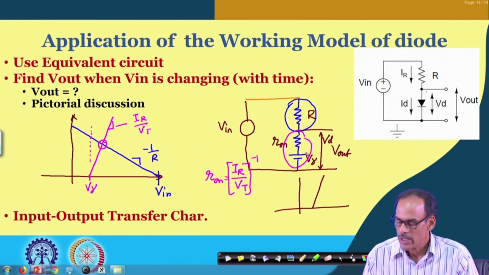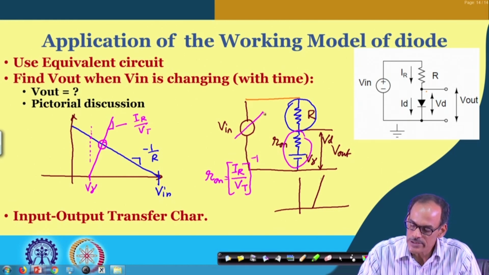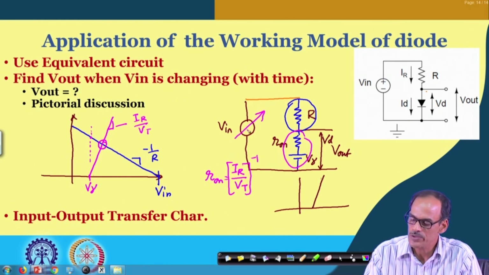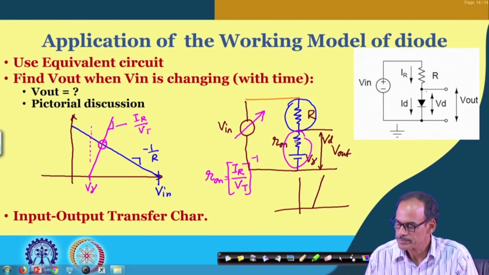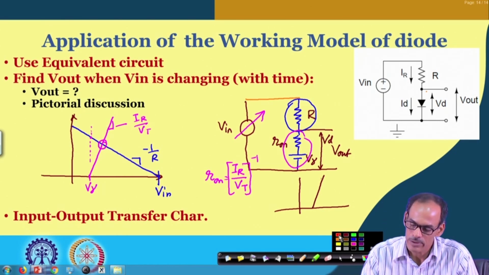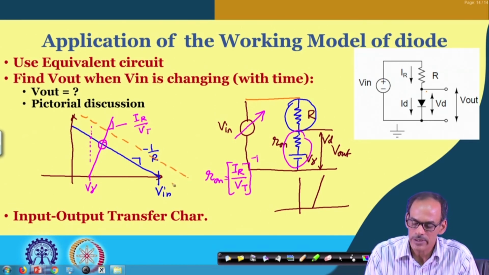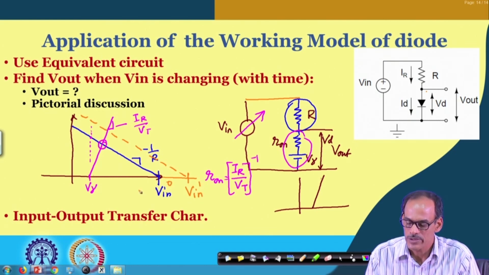Now, next thing is how do I use this simple model in case the input voltage is changing with time, using the same equivalent circuit. If this input voltage is getting increased, we can say the slope remains the same, but the corresponding pull-up or rearranged characteristic gets shifted up; this may be the new V in called V in 1, and this may be V in 0.